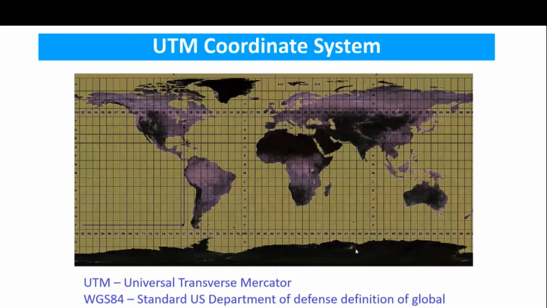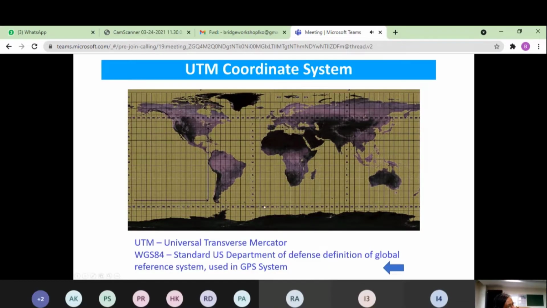You can see here this entire globe is divided into a number of sectors and these vertical lines are at 6 degrees.